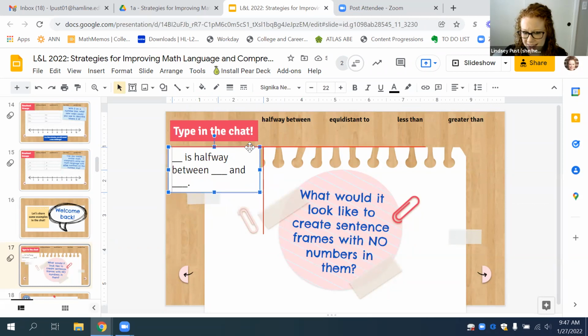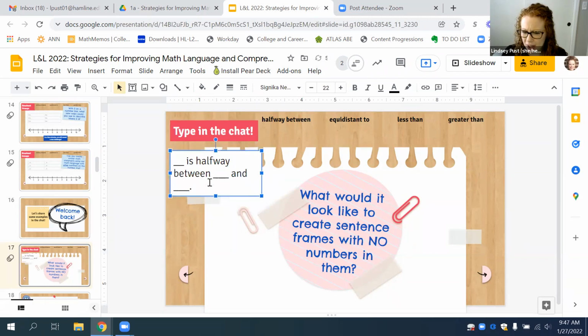No numbers, but I am writing a sentence where I could put numbers in there to describe a relationship on the number line. How would we write one for equidistant to?